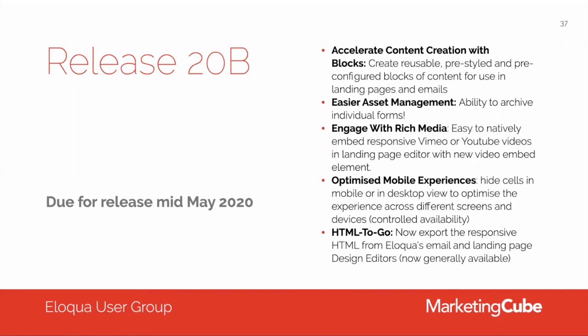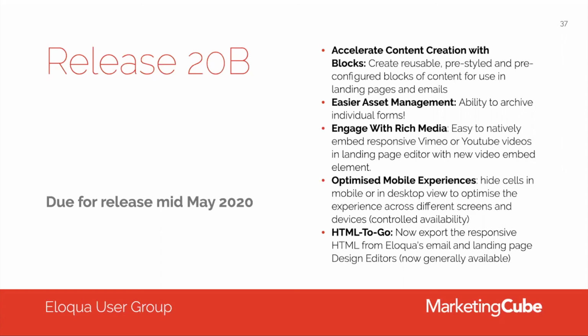I mentioned earlier as well, the new app that's coming for Vimeo and YouTube, which I think will really enhance that experience on the landing page. At the moment, there is an app and it's functional, but I just think it misses a few things. So I'm really keen to have a look. I've not seen it yet, but I'm keen to have a look at this new app. Optimize mobile experiences.